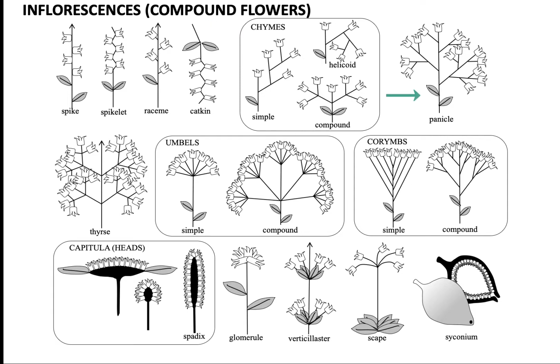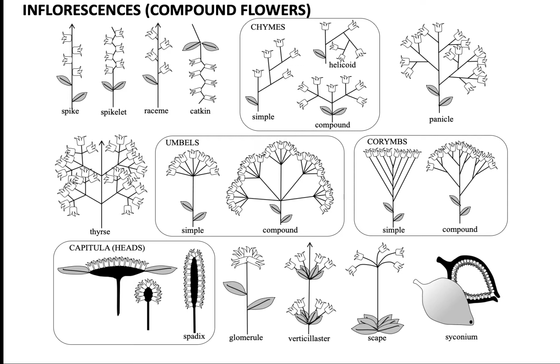Then there are compound flowers. One is called an umbel, and actually you can see those around here quite a bit, and I'll show you one in a few minutes. Corymbs, there are heads, such as in a sunflower, and I'll show that in more detail in a few minutes.